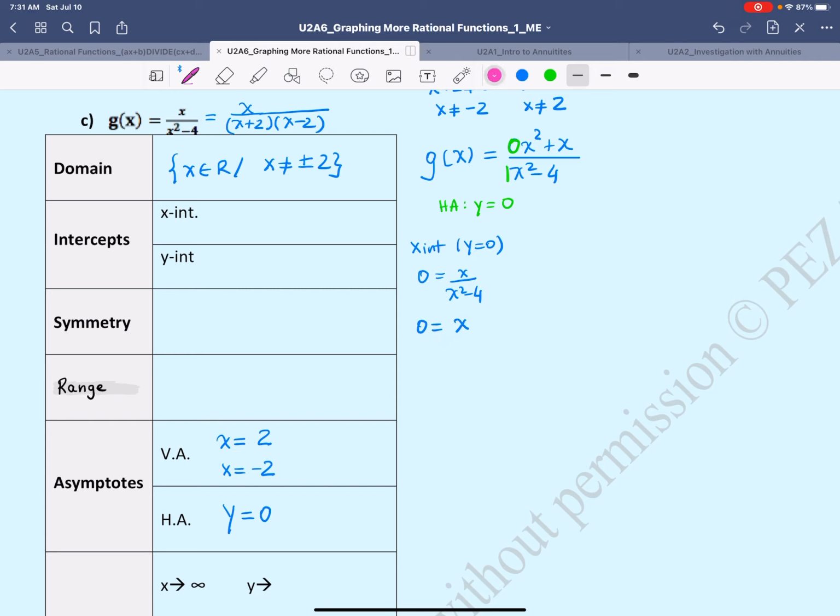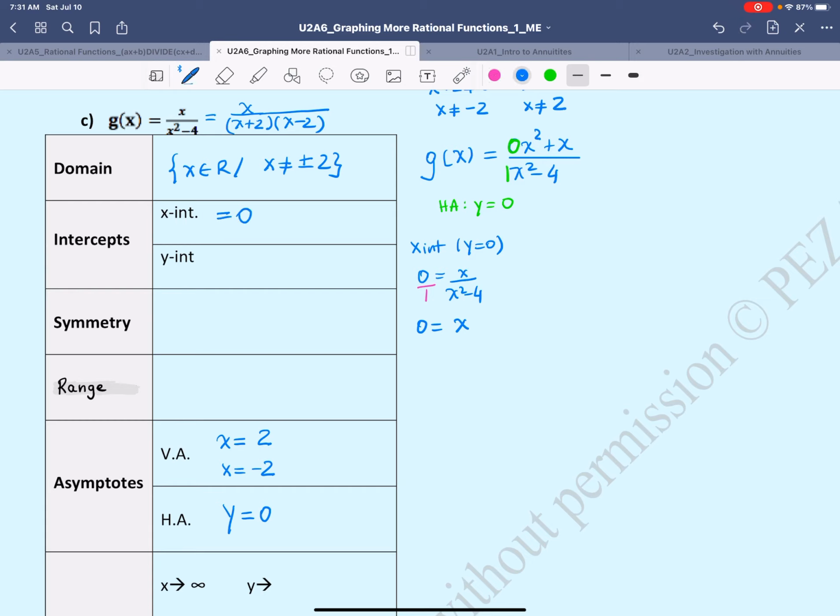You can solve this equation by either making both sides into fractions and then cross multiply, or you can just reason about it and think, okay, so for a division to be 0, the numerator must be 0, so x is 0. So what we're going to do is write down the x-intercept, which will be 0.